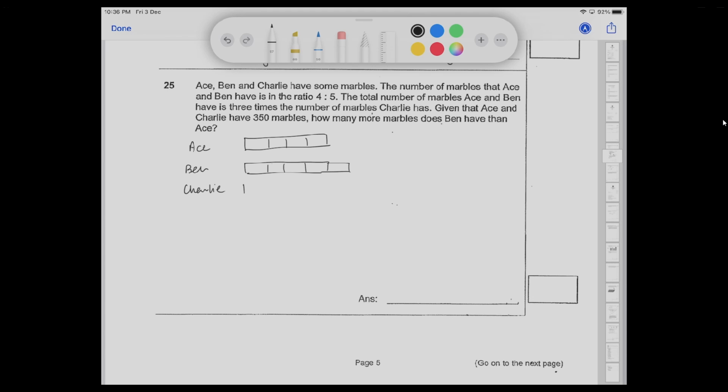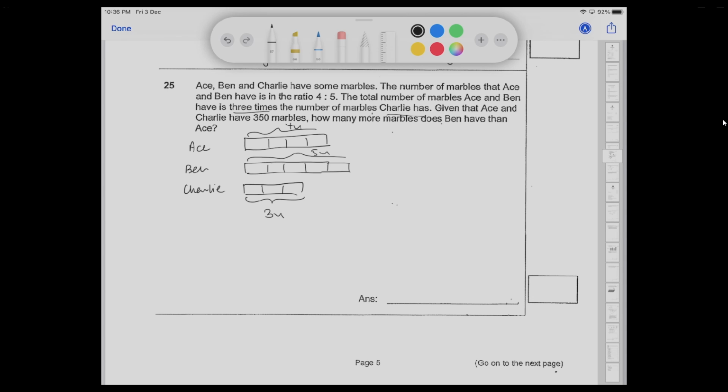You can even make this model proportional. You see that there's 9 units here. Ace has 4 units, Ben has 5 units, so together is 9 units, and just divide by 3, because they have 3 times the number of marbles Charlie has. You can deduce that Charlie has 3 units.